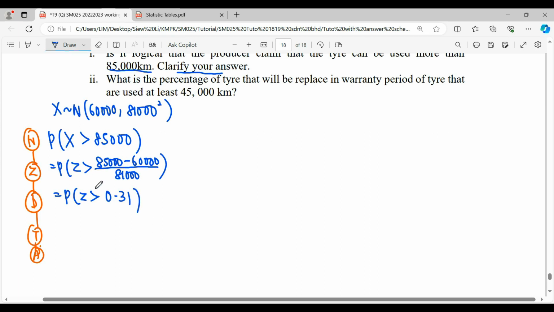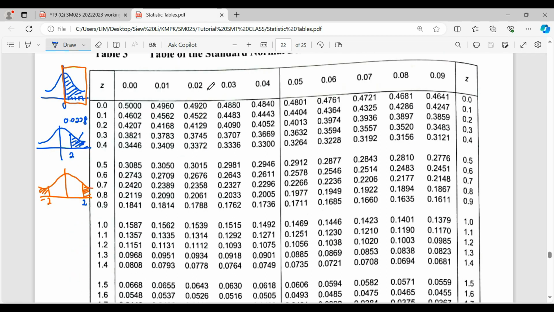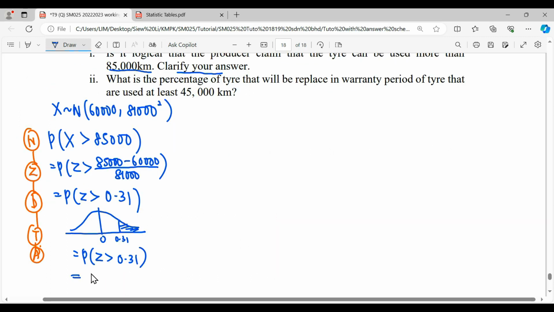For this probability of more than 0.31, when we draw the normal graph, it will be on this side. To read the table, we just read straight away for more than 0.31. So 0.31 gives us 0.3783.